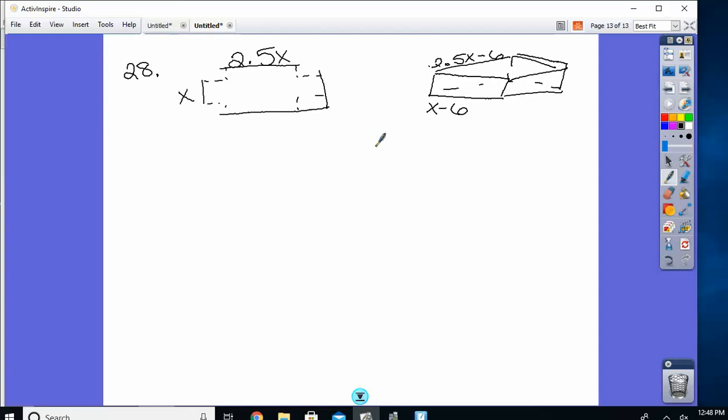Okay. So here's my original piece of metal. If I take off these corners, pretend they're measured in nice perfect squares. Then when I fold this flap up, that's where the fold goes.